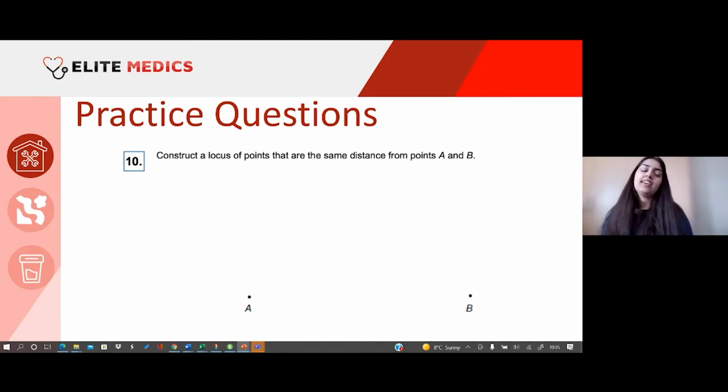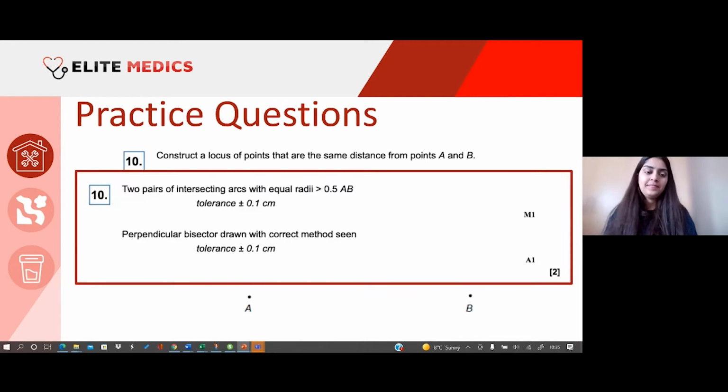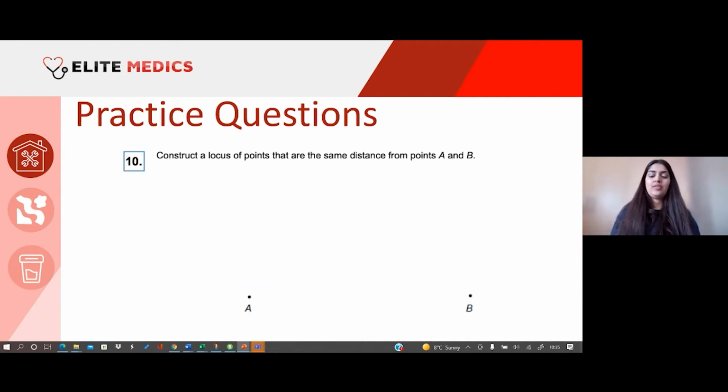Okay, so let's have a look at the answers. Again, start off with your compass at point A, with the pointy bit at point A, and extend the width of the compass such that it's more than halfway along AB. You can guess halfway would probably be around here.